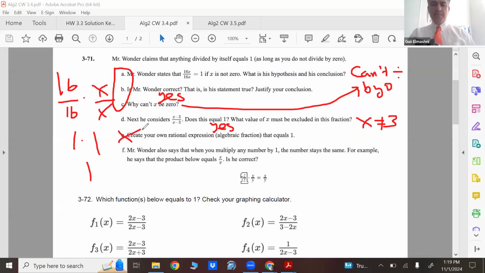And then for F, if you think about it, Z over Z equals 1. I mean, that's pretty obvious. So of course that's true. If you have Z over Z times X over Y, of course it's going to equal X over Y. That's because these cancel. And they cancel because they're 1. So don't overthink these problems. They're incredibly straightforward.